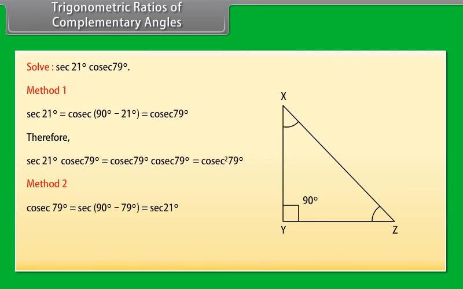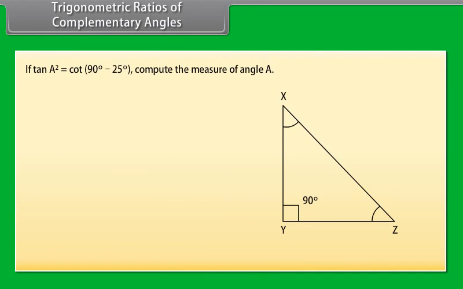Solve sec 21 degree cosec 79 degree. Sec 21 degree is equal to cosec 90 degree minus 21 degree, which equals cosec 79 degree. Therefore, sec 21 degree cosec 79 degree is equal to cosec 79 degree cosec 79 degree, which equals cosec square 79 degree.